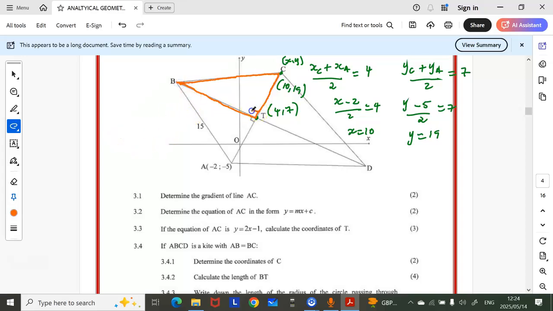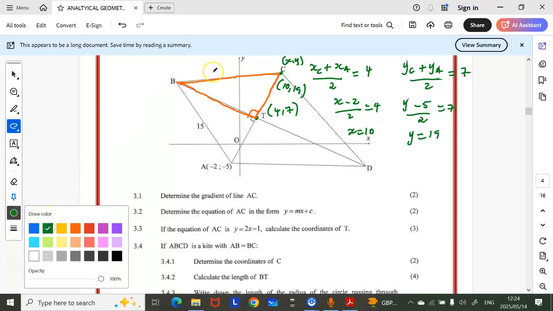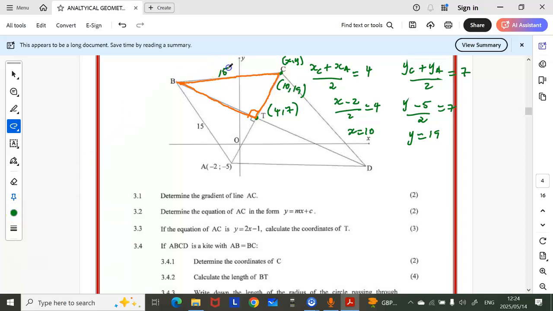It has got a 90 degrees angle here. And then we know this side is 15 units, right? And we can find this side because we've got the coordinates of T and we've got the coordinates of C, right?